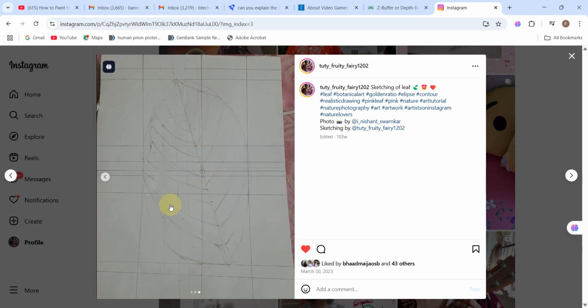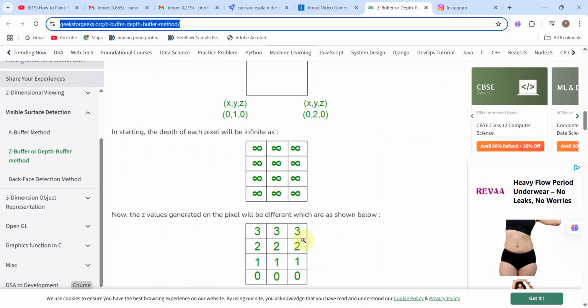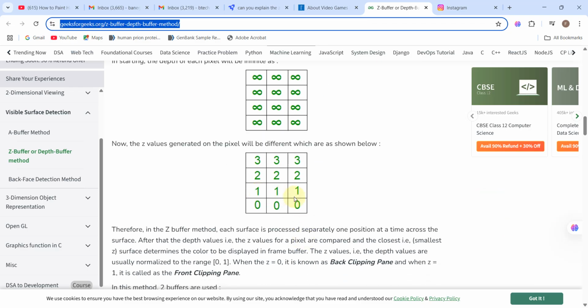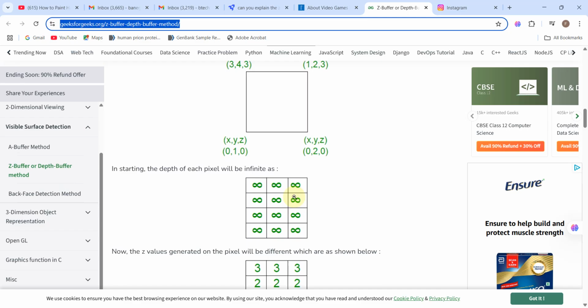All the arbitrary same values will be repeating for 1, 2, 3, 4 such columns. So we will have a matrix with 4 as the number of rows, a 10 cross 4 matrix for this painting. Here we have 3 matrices only, but it will store this kind of value. It will store only the z coordinate for all the pixels of this painting.